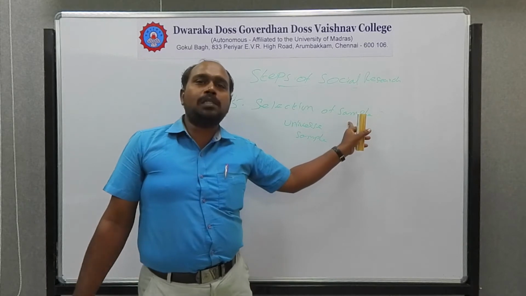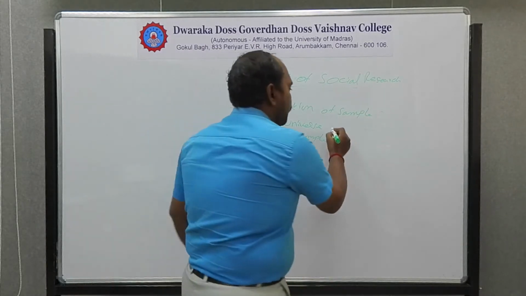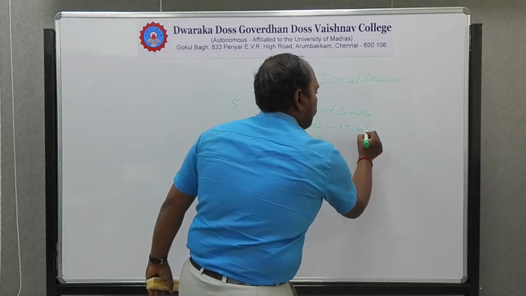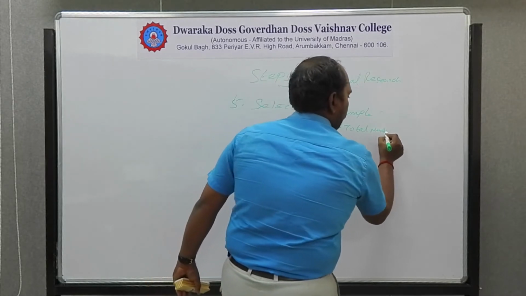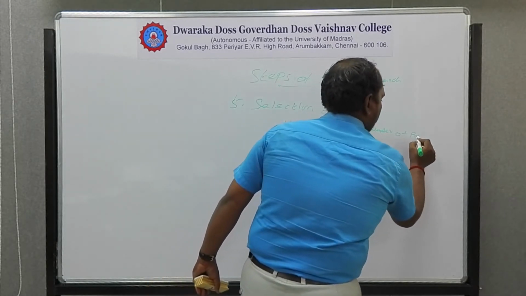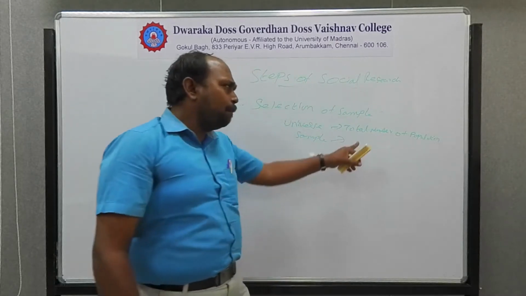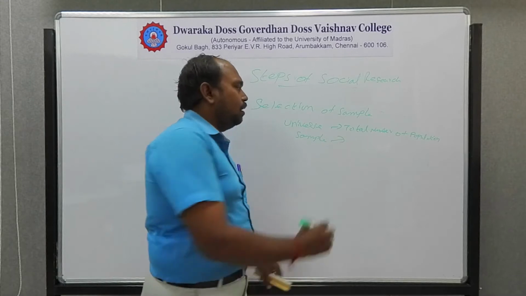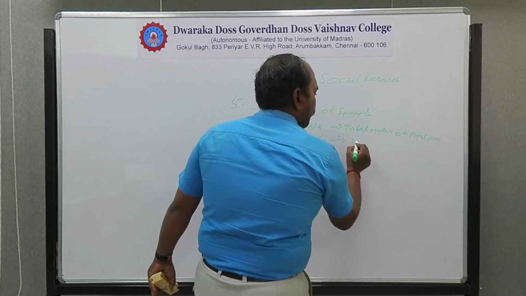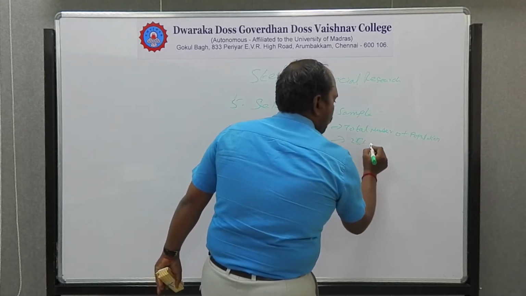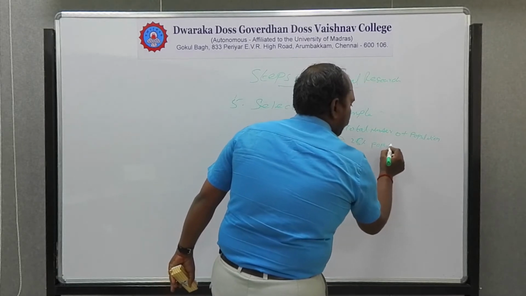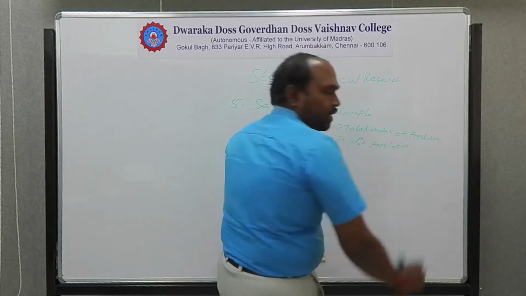Sample is a part of universe. Universe means total number of population. And sample is a part of population. For example, 25% of population you are going to study, then that is your sample size.